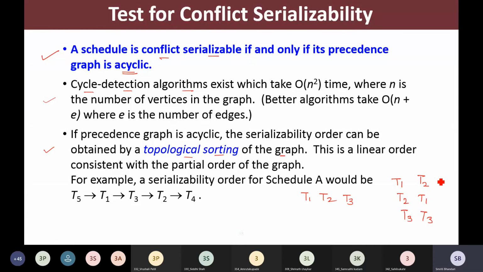I may have another order T1, then T3, then T2 and so on, right? So this topological sorting algorithm finds the order of serializability. So the given schedule is equivalent to this serial schedule or this serial schedule or this one. In every serial schedule, the order of transactions is different, right?